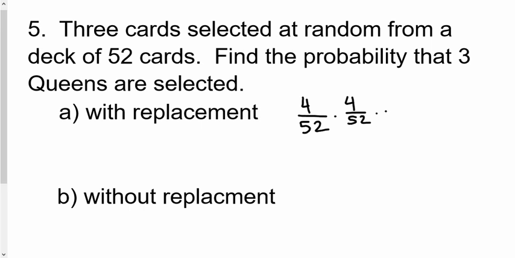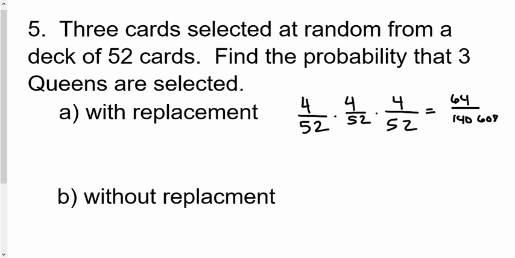And what's the probability of getting another queen? Well, there's still 4 queens left to choose from because we kept putting them back, and there's still 52 cards to choose from, right? And so when we multiply that out, on top we're going to end up getting 64, and on bottom we get 140,608.